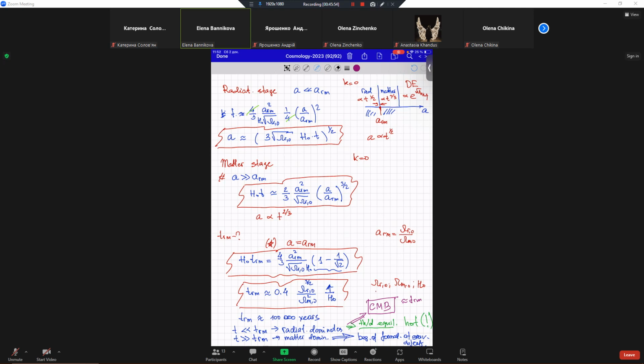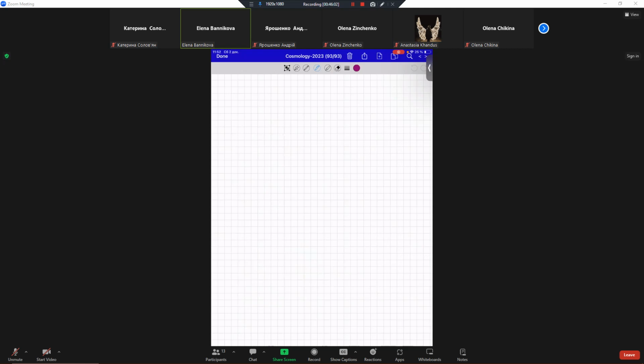As a summary, let me put some sketch. Let's put here the logarithm of t, and here the logarithm of a, for all stages of the universe.